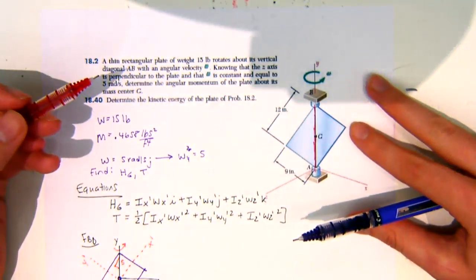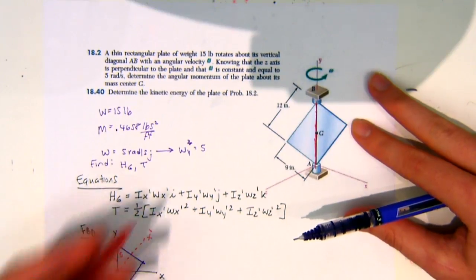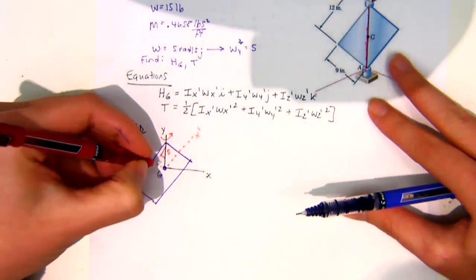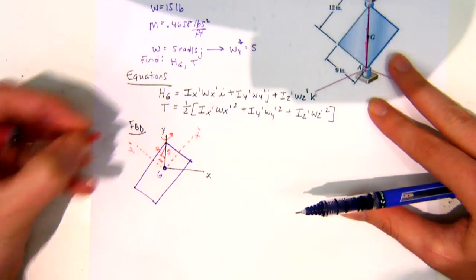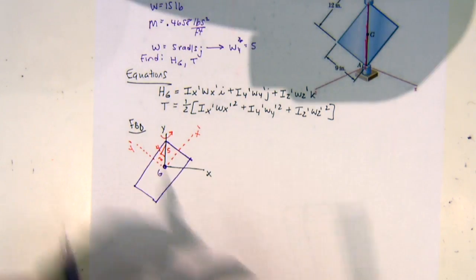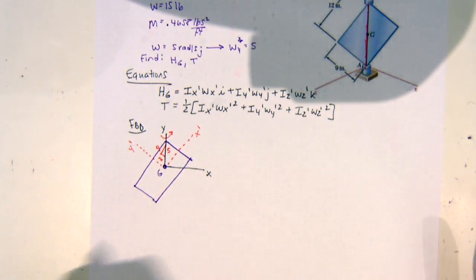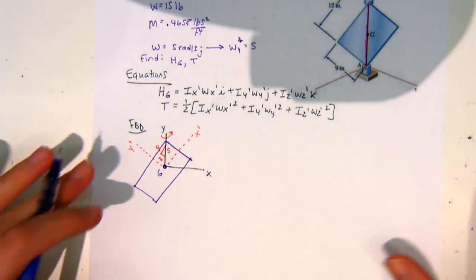Do you guys see that that's a 3, 4, 5 triangle? So this here is 3, and that's 4. So 3, 4, 5. Now I need to convert that omega to x prime, y prime, z prime.